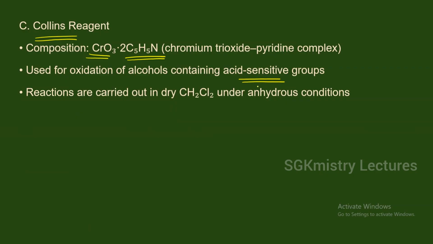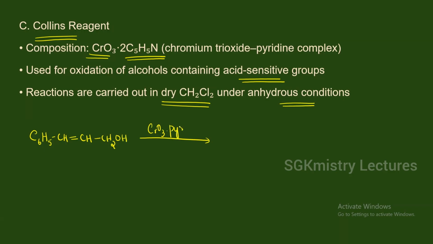So in case of alcohols which contain acid sensitive groups, then we can go for Collins reagent. So here, the reaction is carried out in dry dichloromethane under anhydrous condition, that is in the absence of water. So let us take the example C6H5 CH CH CH2OH in the presence of CrO3 pyridine complex, that is Collins reagent.